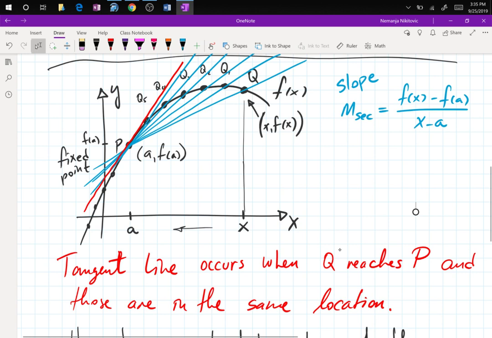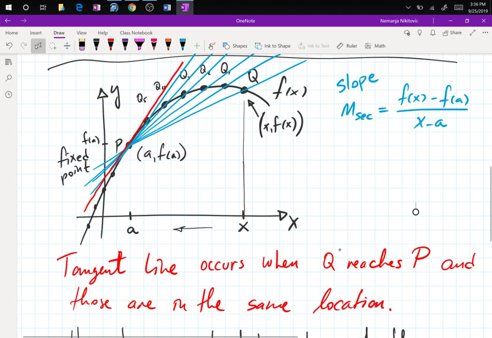That is the concept that we are going to use now to calculate the slope of the tangent line, the red line. You can calculate infinitely many slopes for the blue lines on either side of P, and you use those slopes to infer what the slope of the red line is, because they all go to the same value.